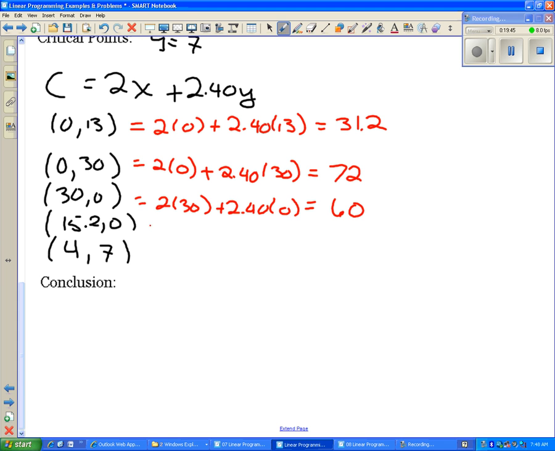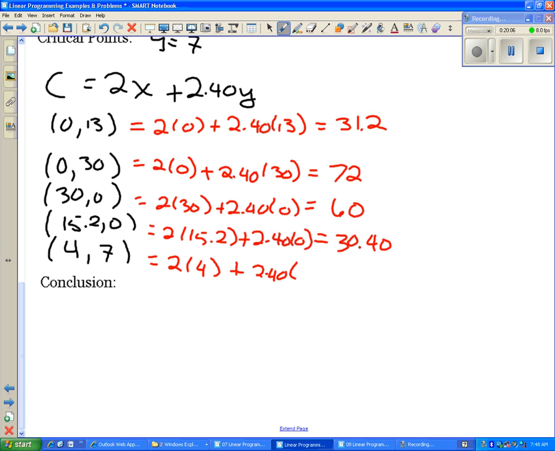(15.2, 0) is 2 times 15.2 plus 2.40 times 0, that's going to give me a cost of $30.40. And my last critical point, 2 times 4 plus 2.40 times 7, gives me a cost of $24.80.